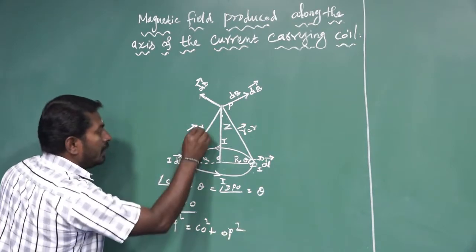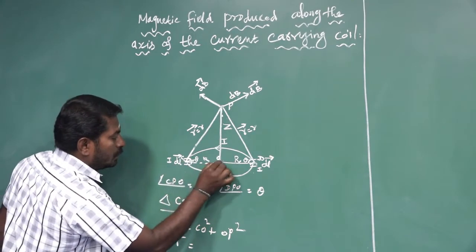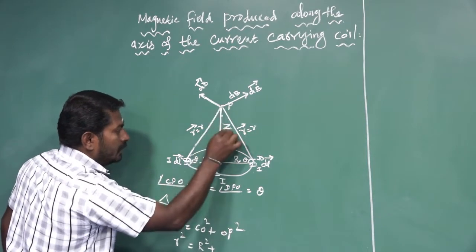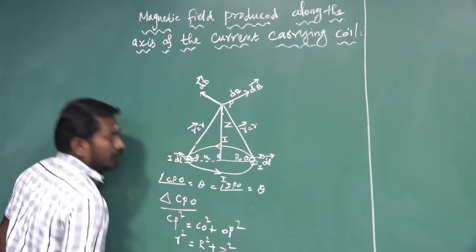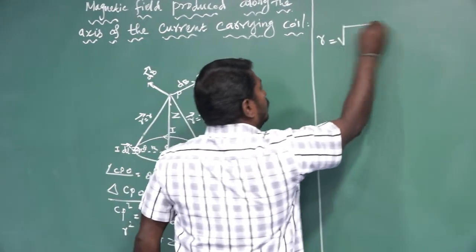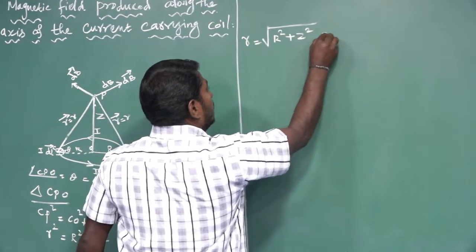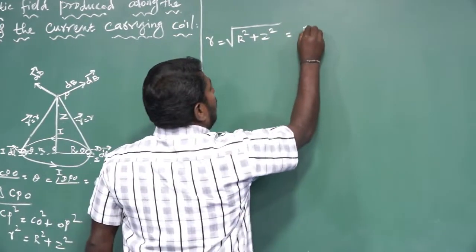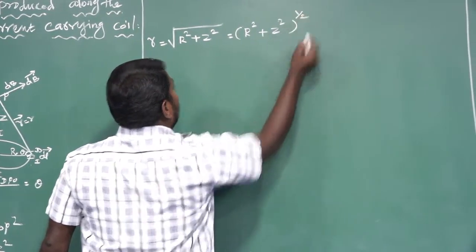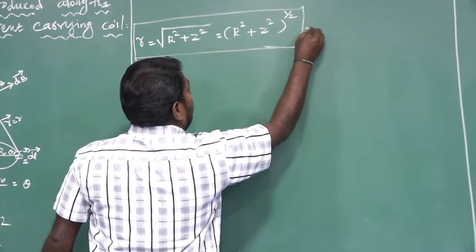So CP squared, which is r squared, is equal to CO squared, which is capital R squared, plus OP squared, which is Z squared. So r is equal to the square root of R squared plus Z squared, which is (R squared plus Z squared) to the power 1/2. Equation number 1.